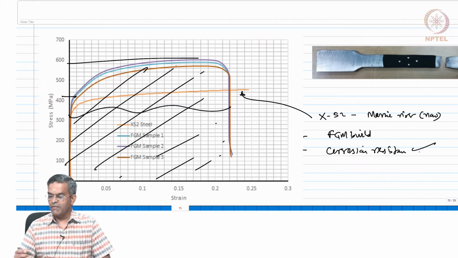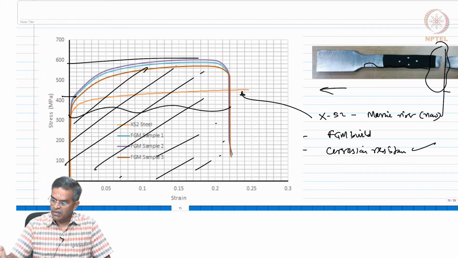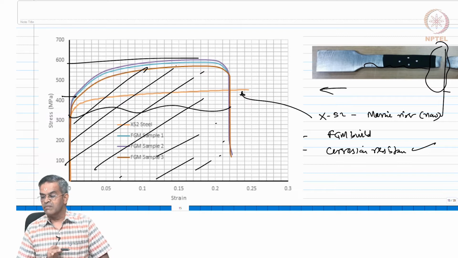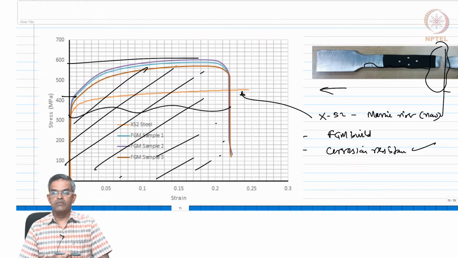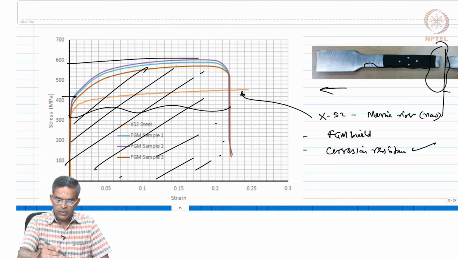Okay. Even at fracture, which is pulled along, you will see there is no separation, is it not? It is fracturing like a normal ductile material. There is no layer separation, which generally is expected when it would have been a composite. So, FGM is not a composite.